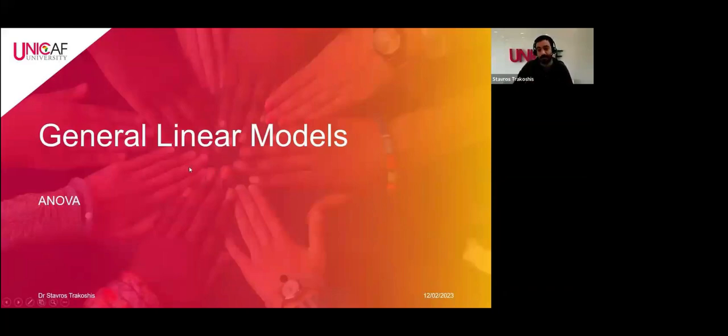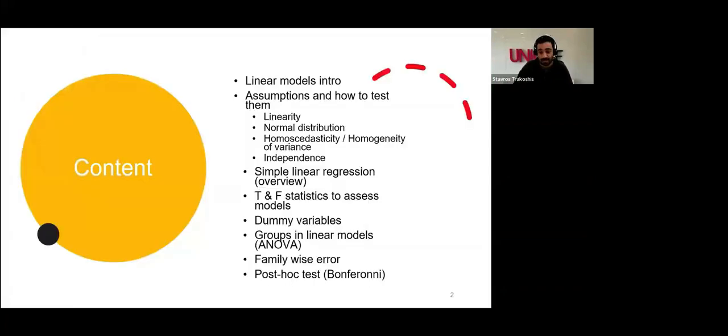So that's the disclaimer. Let's start, because it's going to take some time. Today I will be talking about the linear models, what they are, and the assumptions that the data need to meet before we do any linear model. This, of course, applies to one-way ANOVA as well.